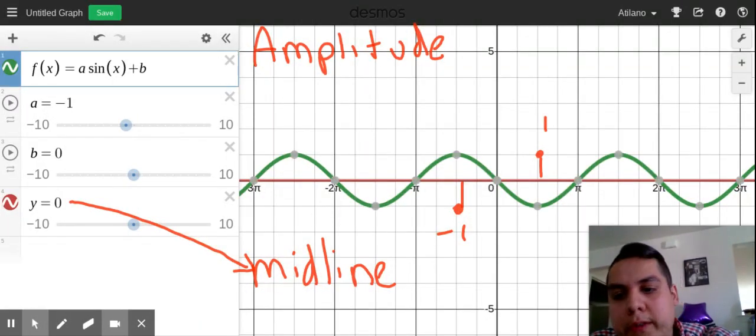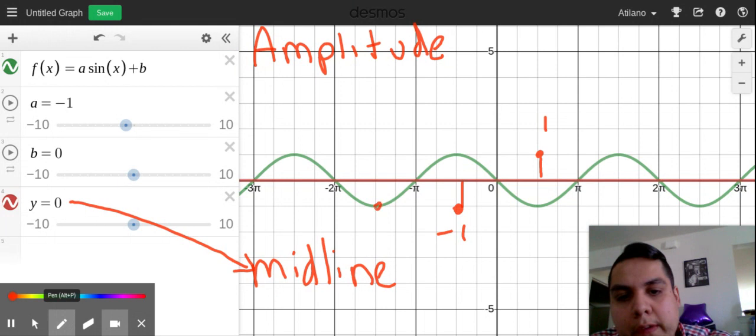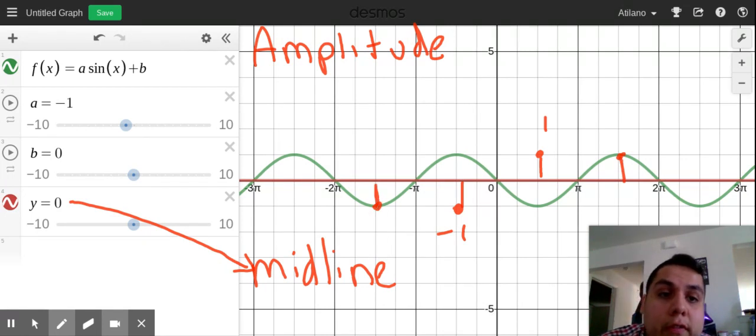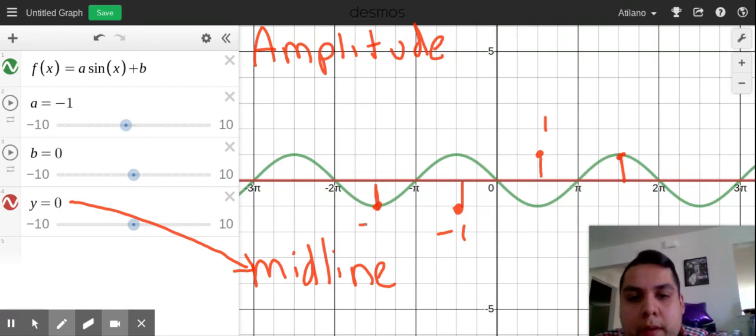From this point and this point all the way to the midline again, it's still a distance of 1. So no matter which way you have it, the amplitude would be 1 for this graph.